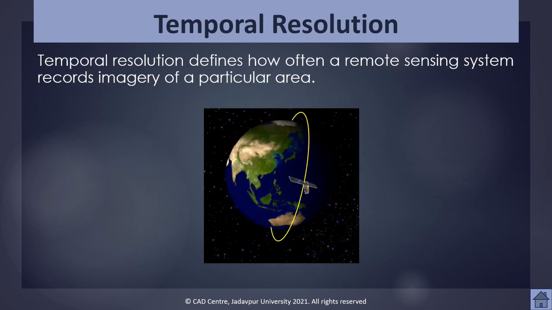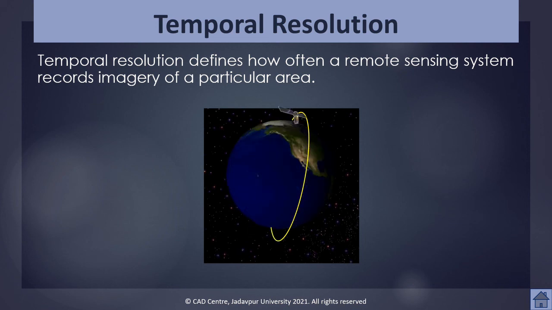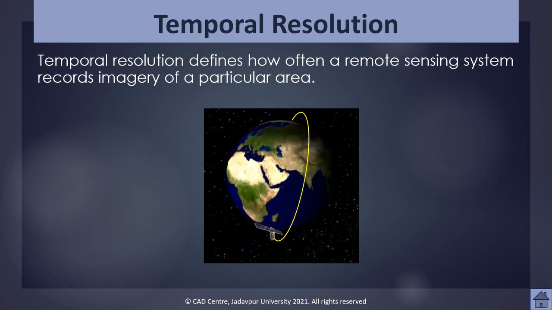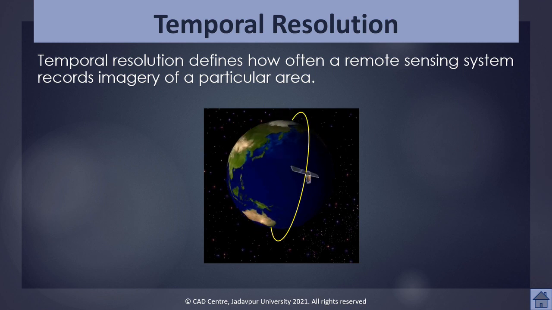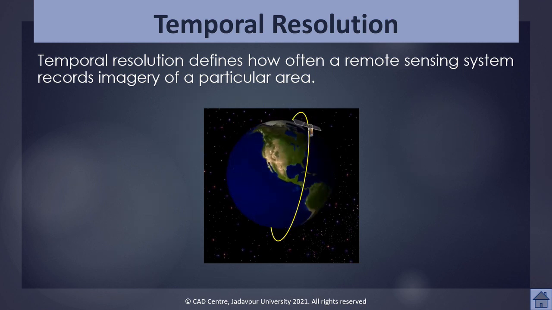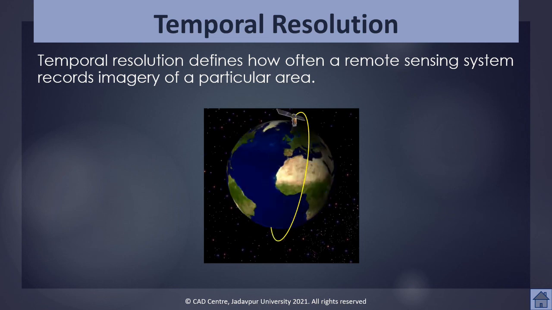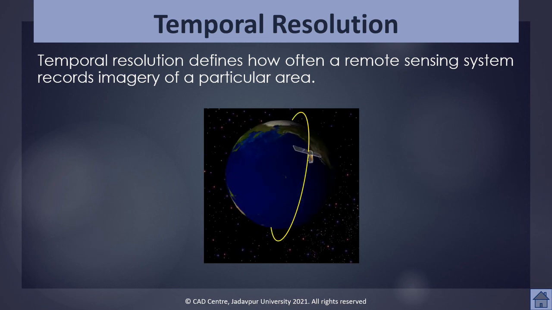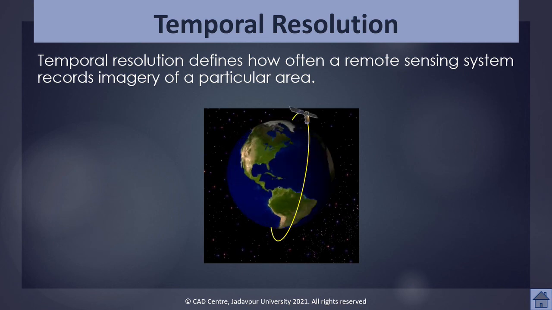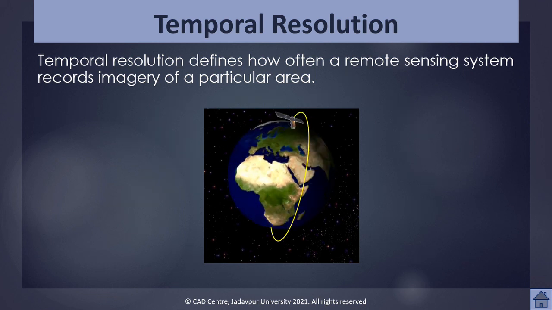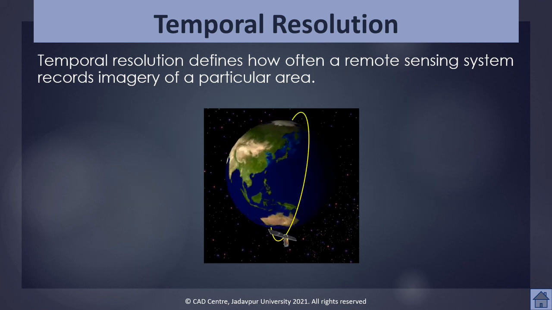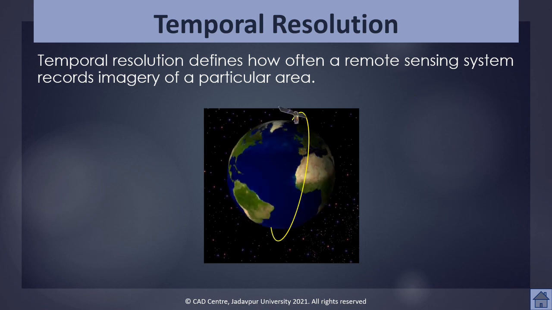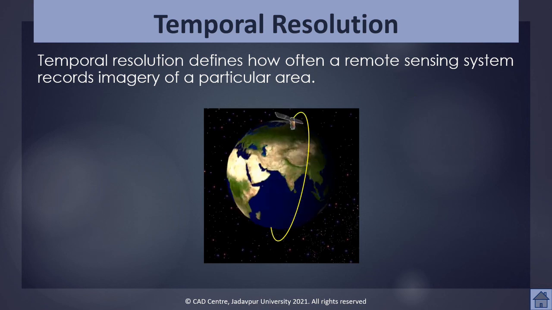Temporal resolution actually refers to the revisit period of an orbital sensor. That means a sensor that is placed in an orbit. That means satellites basically. This is not applicable for aeroplanes or drones, rather it is applicable for satellites. If we start with any selected pass in a satellite's orbit, an orbital cycle will be complete when the satellite retraces its path, passing over the same point on the Earth's surface directly below the satellite, that is the nadir point, for a second time.